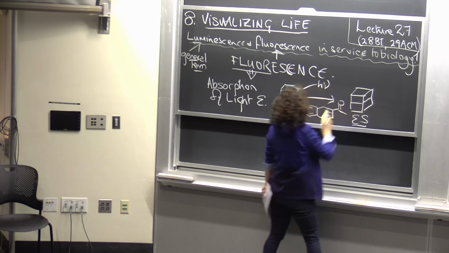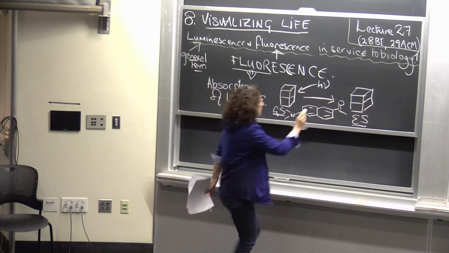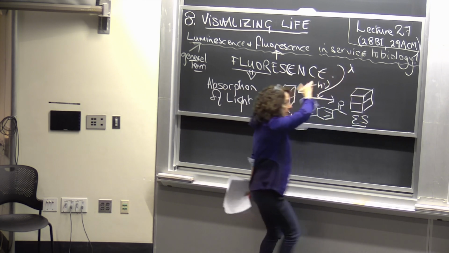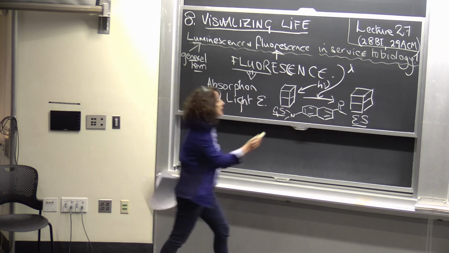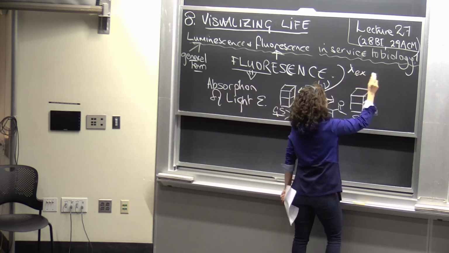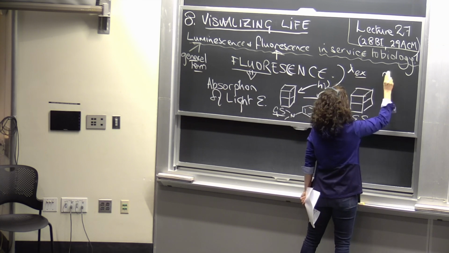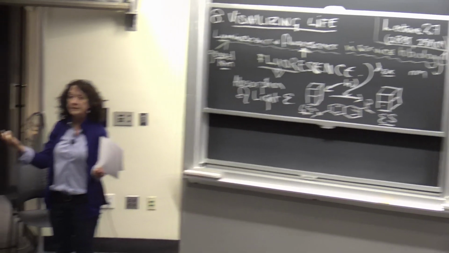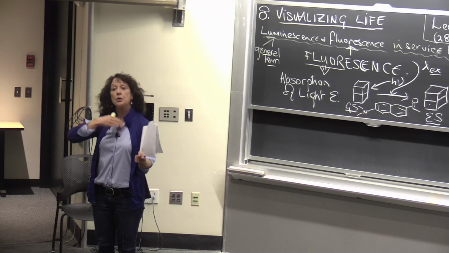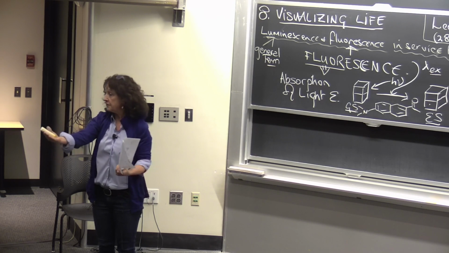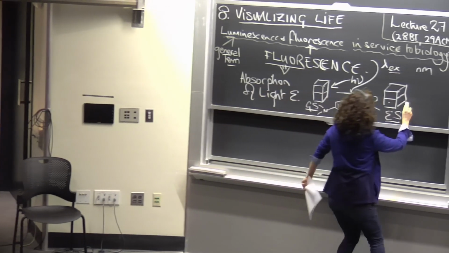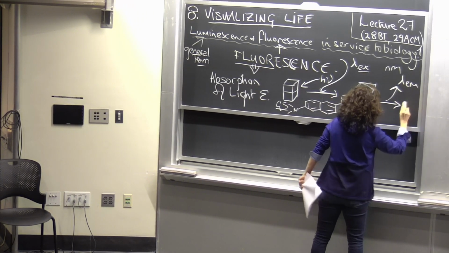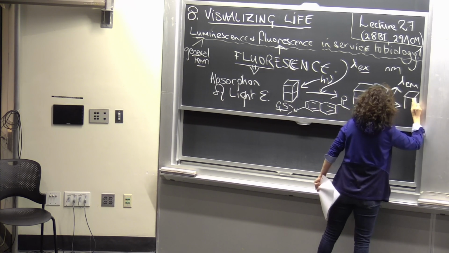So it has absorbed that light energy. So you've hit it with a wavelength of light, and I'm going to redefine all these terms properly in a moment. Lambda excitation of a particular wavelength. Once that molecule has absorbed light, there's a very transient period until the molecule lets out energy in the form of light, and returns back to its ground state.